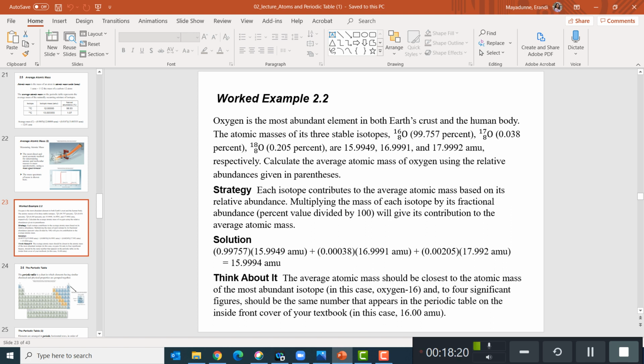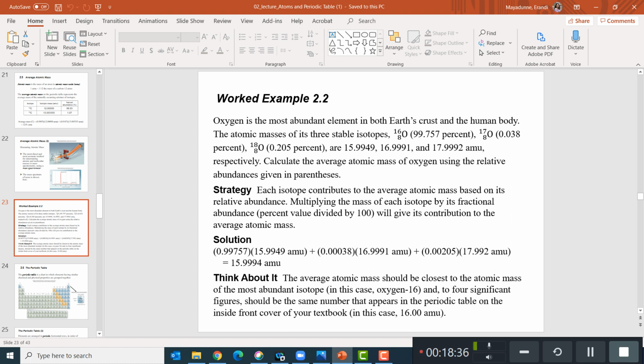Their masses are oxygen-16, 15.99, oxygen-17, 16.99, and then calculate the average atomic mass.